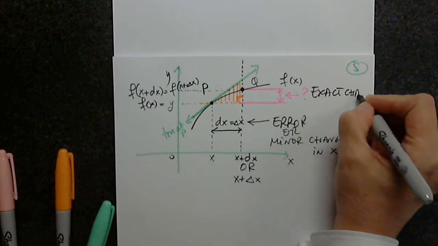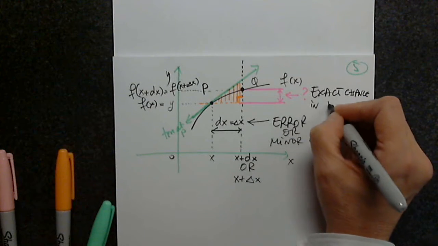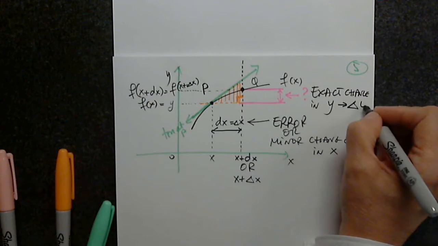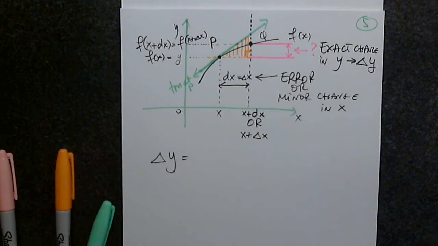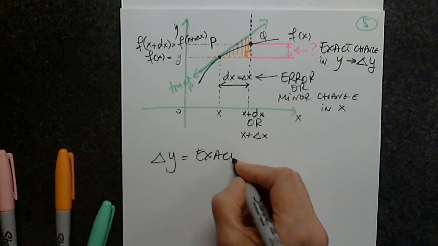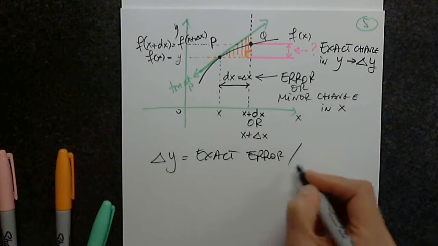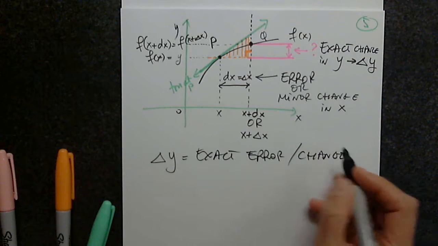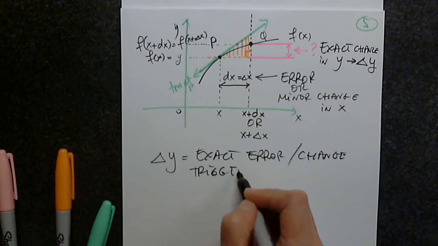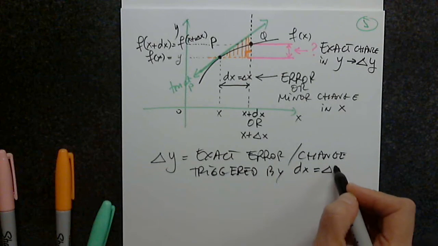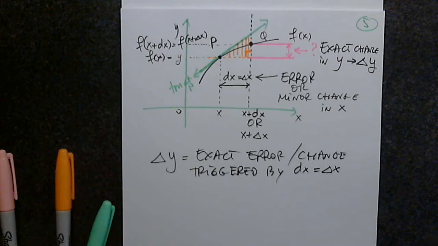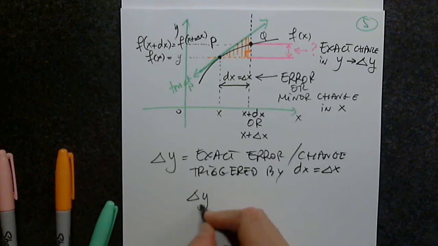Exact change in y. It's denoted by delta y. Can anyone express the delta y, the exact change or the exact error triggered by dx or delta x? They are both the same. Can anyone give us the formula for delta y?